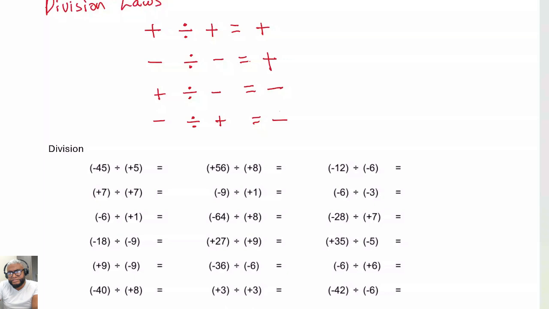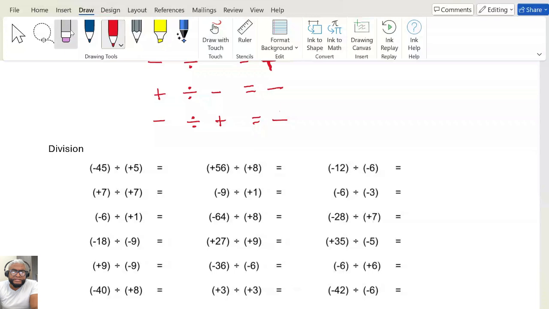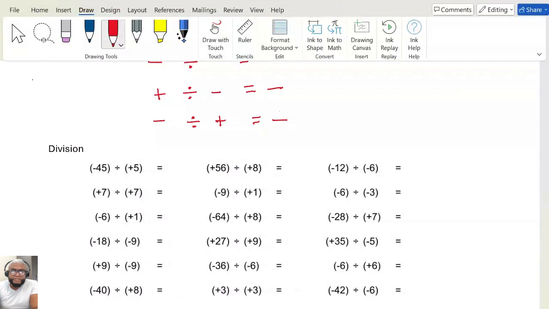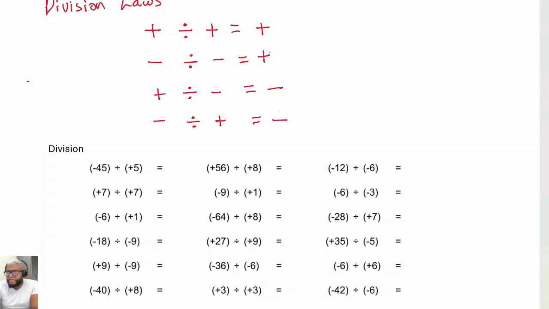Wait, this is supposed to be positive, sorry. A negative divided by a negative is a positive. Sorry about that. Positive, right? So division laws are just like multiplication laws. Go ahead, Ramo, what do you have to say there?